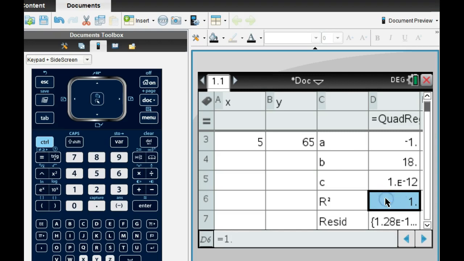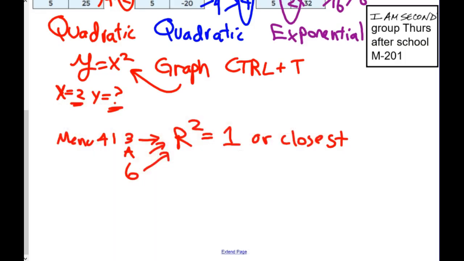Now, I'm telling you, if your data's not perfect, it'll be like 0.9999, really close. Okay, that's the best. That's the one, okay? But if it's like 0.8, 0.90, okay, that's not as close. So again, if you're not sure how to tell what your table gives you, do all 3 of these and see which r squared is closest to 1, okay?